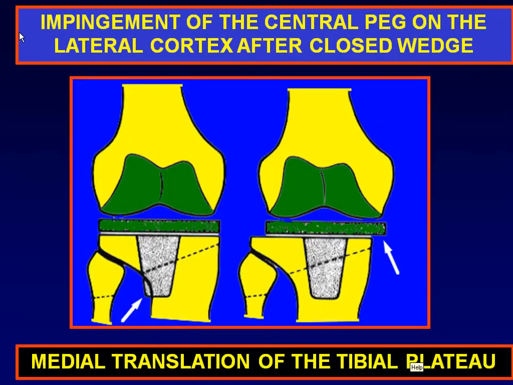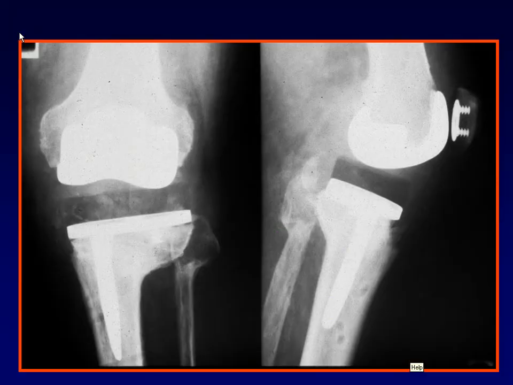That's the difference. Next point: after closed wedge osteotomy, particularly if it was a large correction, you may have a risk of impingement of the lateral cortex that does not exist on the medial side with an opening wedge osteotomy. For example, this is a closed wedge osteotomy with a large correction.